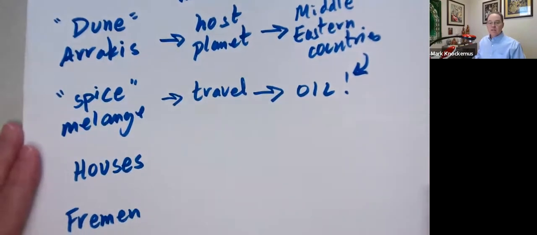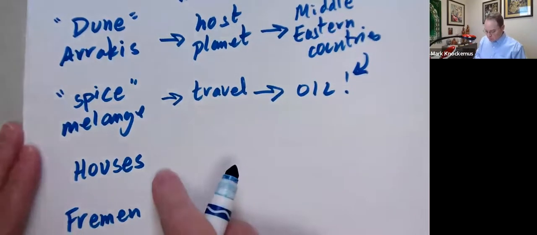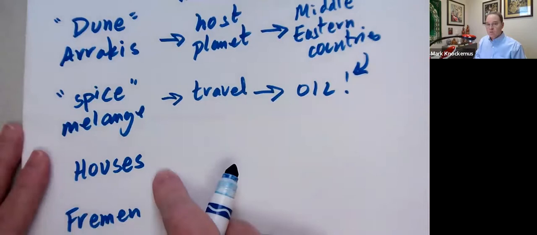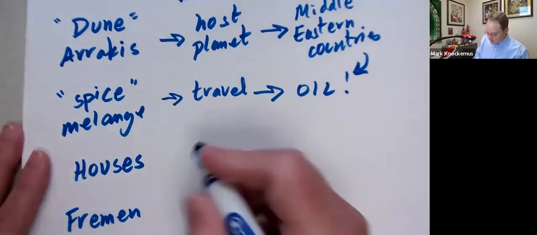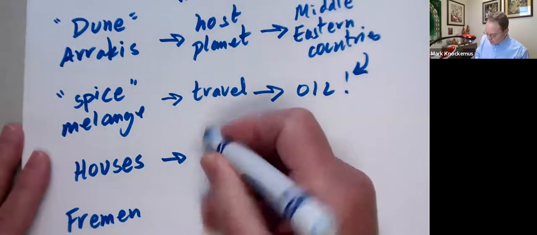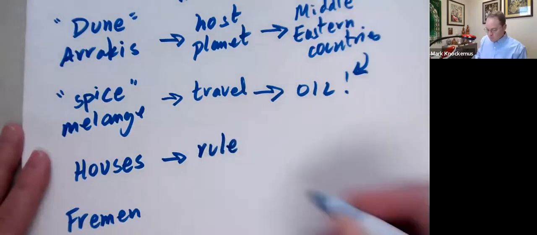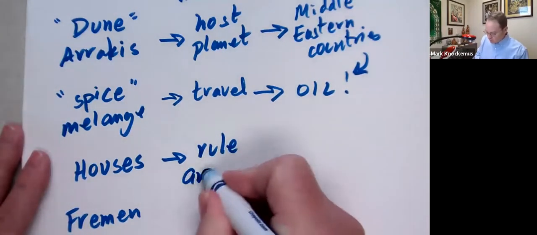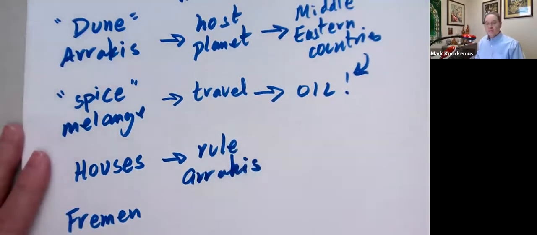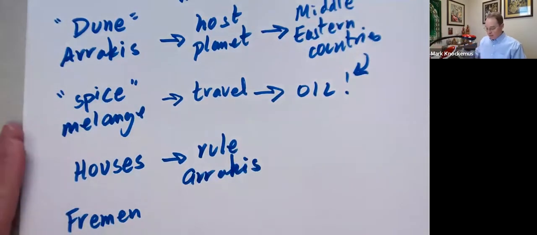So now let's think some more about this. What do the different houses do, right? They come in and they rule Arrakis, even though they have their home planet. What is that like?